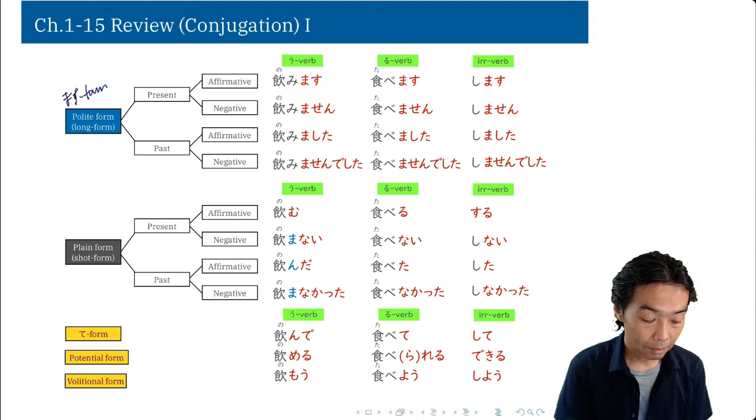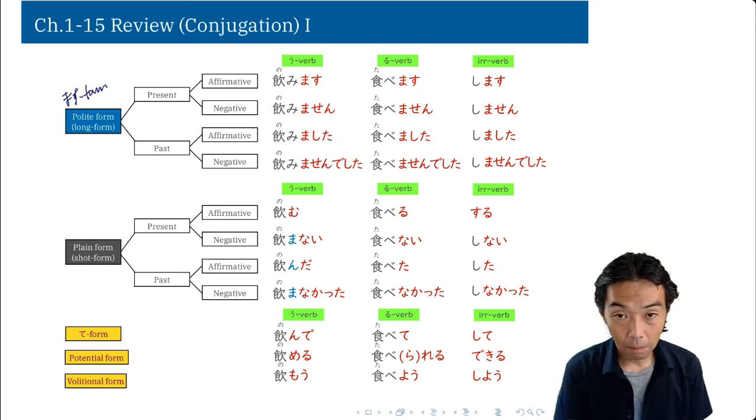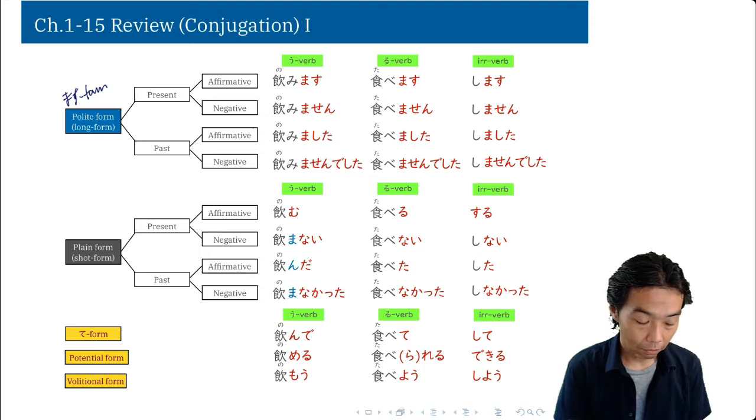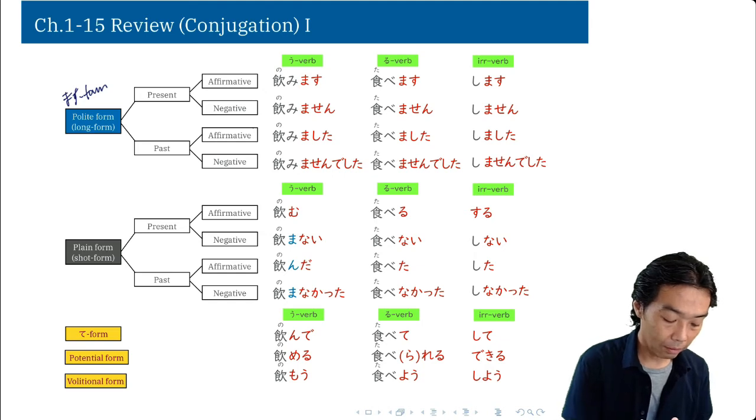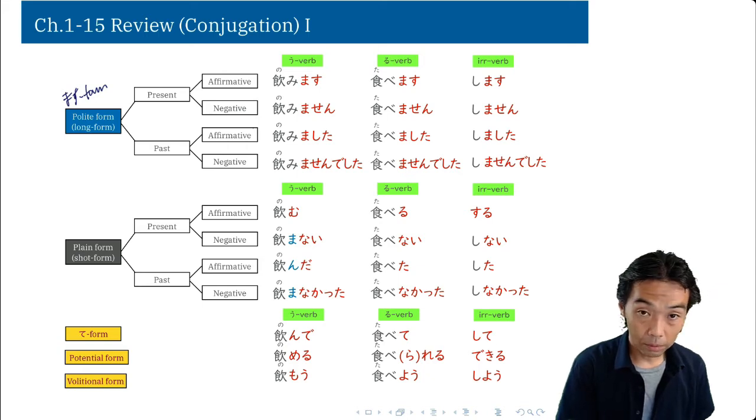That's why it's called the Masu-form, and it's also called the long form because compared with the other major form, which is plain form, it tends to be longer. The other form is called a plain form, and it's also called the short form because compared with Masu-form, it's shorter.